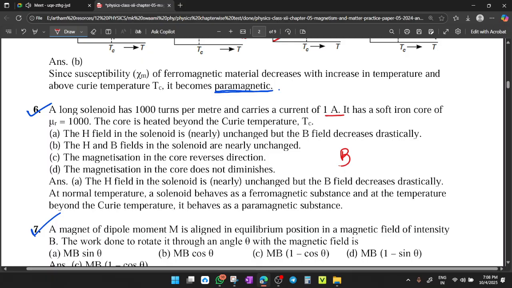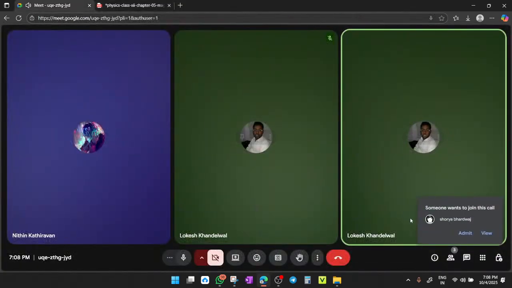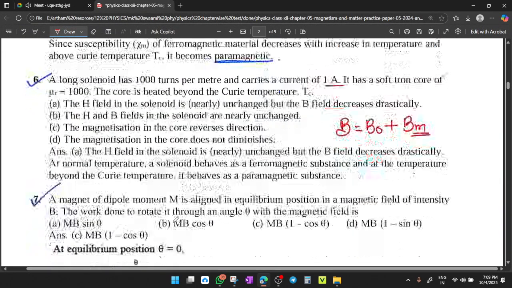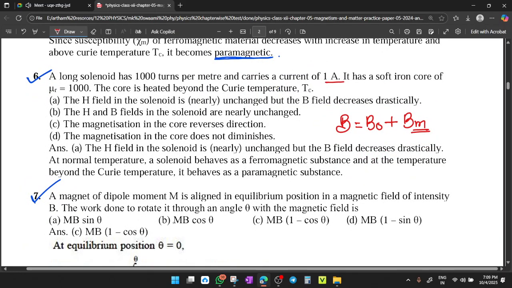Yesterday we talked about the total field, which equals B0 plus B of the magnetic core. So the H field in the solenoid is nearly unchanged, but the B field decreases drastically.